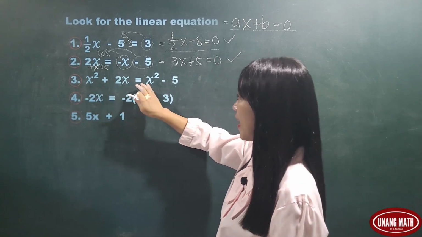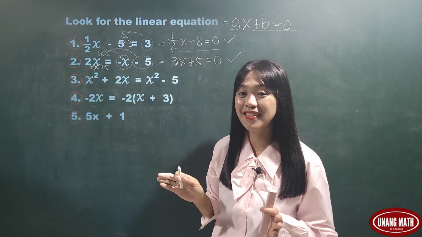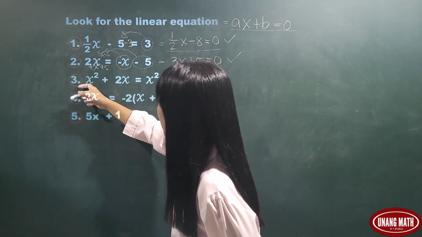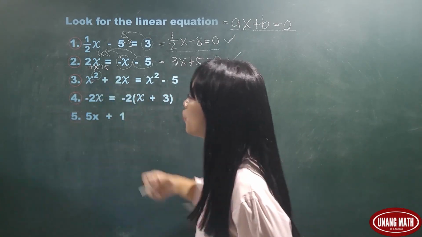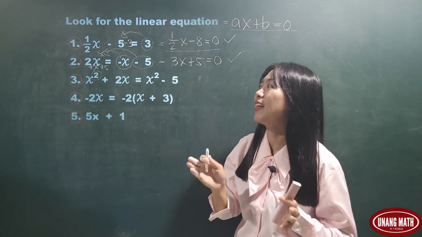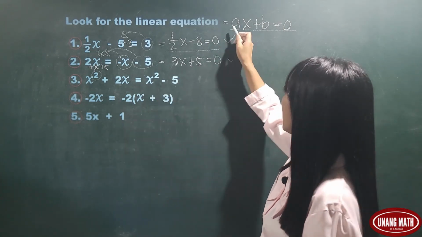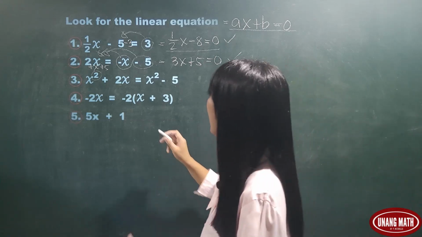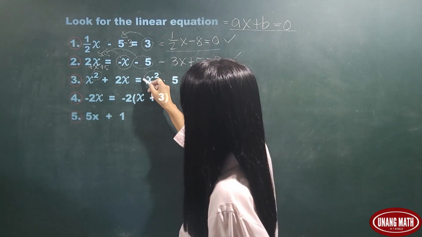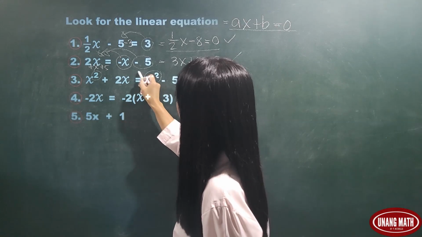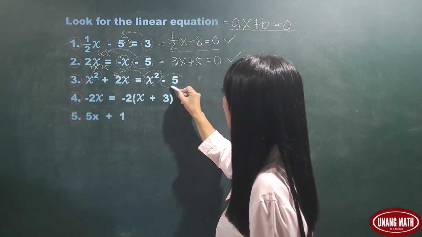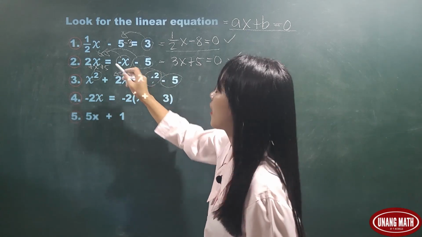At first look, you might think that this is not a linear equation because we have here a variable that has an exponent 2. But wait until we make this equation in the form ax plus b equals 0. So we have to transpose or move x squared to the left side of the equation, and negative 5 to the left side of the equation.